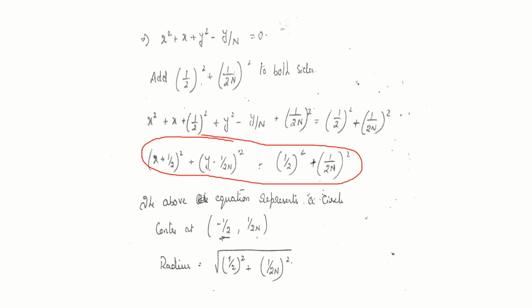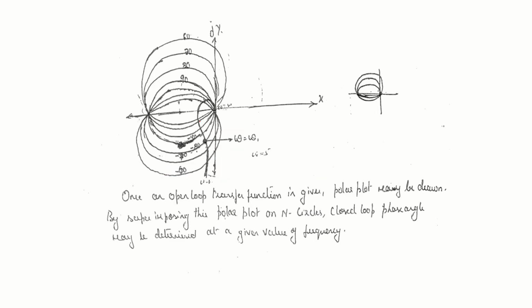Now I can draw a set of circles, keeping this as center and the square root of this as radius, and I call these circles N circles. So 80, 70, 60, like this, for minus angles, plus angles, I can draw a set of circles. Now if a polar plot is given, I superimpose the polar plot. At a given frequency, what is the closed loop phase angle? I can find out. That is N circles.